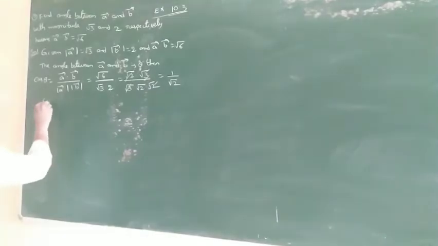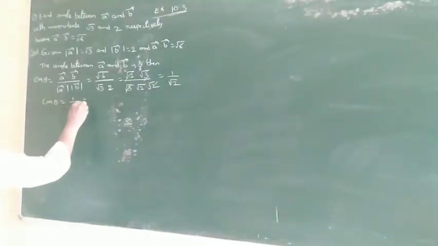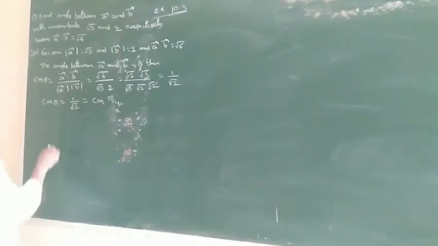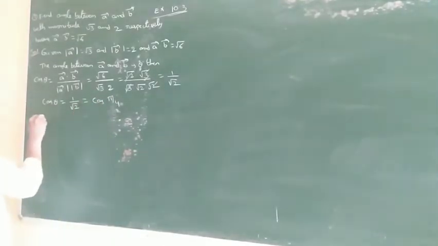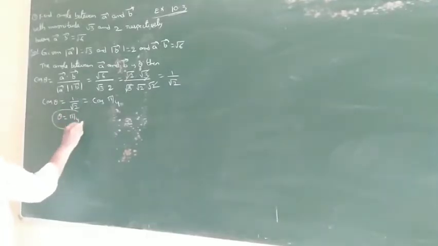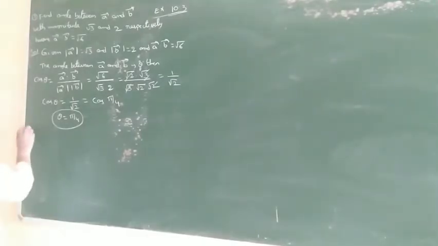So cos theta is equal to 1 by root 2. Which angle? Cos 45 degrees, so pi by 4. Cos cancels. Therefore theta is equal to pi by 4.